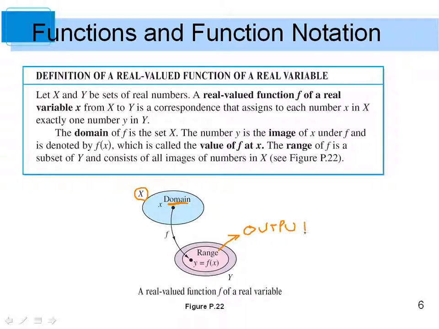When we're talking about range, we're talking about the y values that we get from the equation, or the outputs that we actually see for this real valued function. And so we say that it is a value of f at x, or we read y equals f of x. This is not f times x, it's f of x.